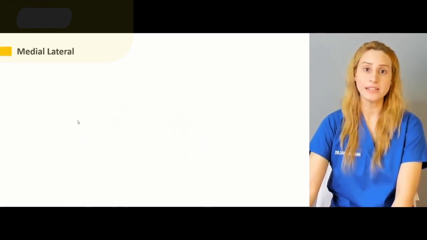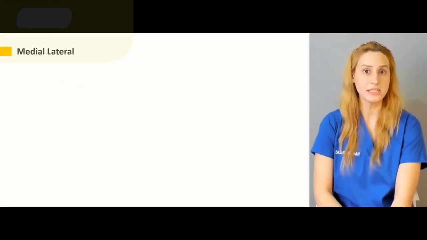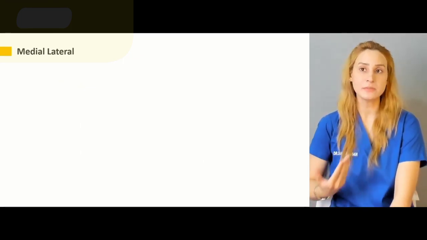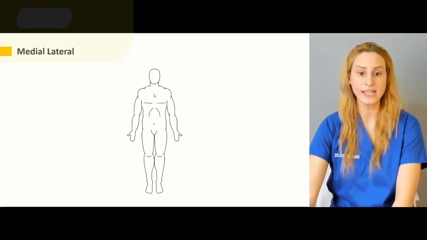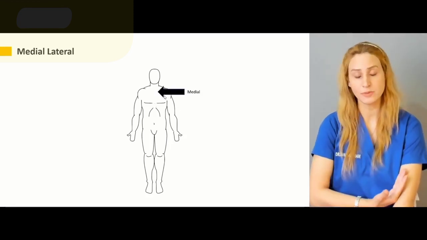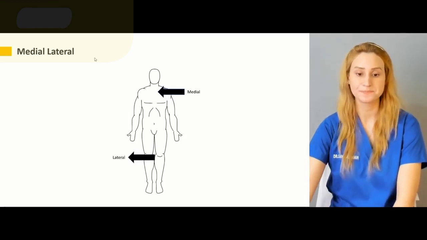Okay, so now we have another anatomical position which is called medial and lateral. Medial means that which is close to the body. Let's suppose we have a central point. This is the central part, and any part which is close to the body would be medial, and any part which is away from the body would be lateral. Let's suppose I'm talking about the sternum.